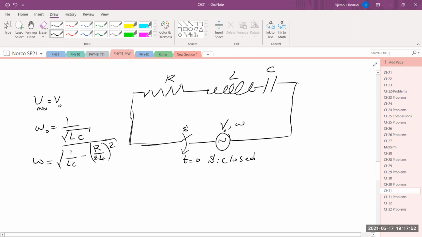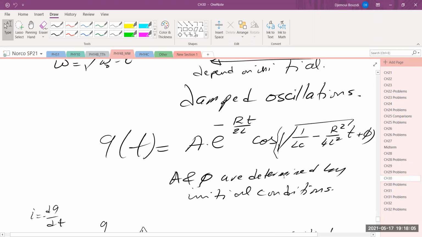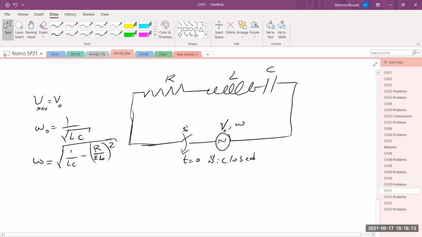This is an omega coming from the problem itself, the omega from chapter 30 that you guys have seen, because now when the circuit has a resistor, it's the time coefficient of that factor, and that is the actual frequency of the signal. The omega naught is the natural frequency of the signal without the resistor.